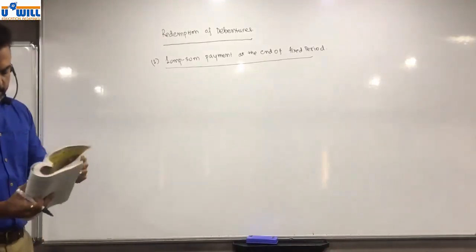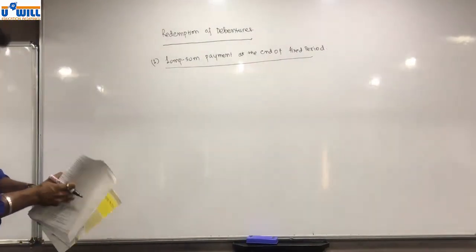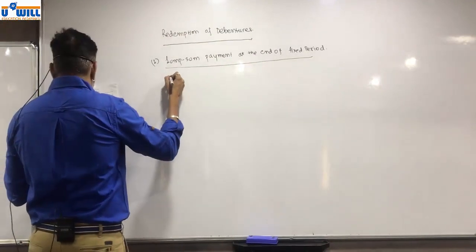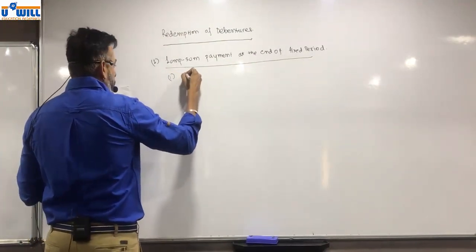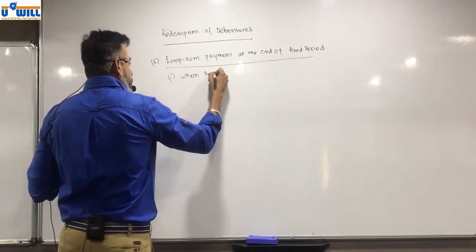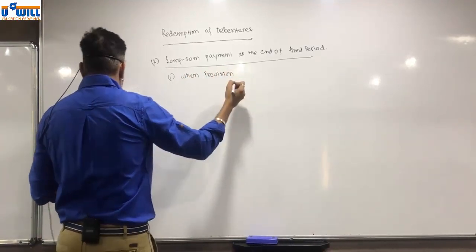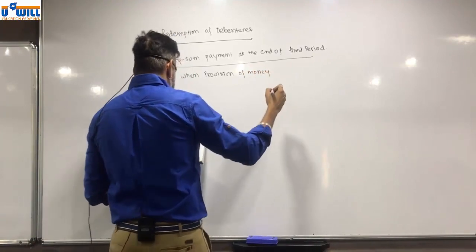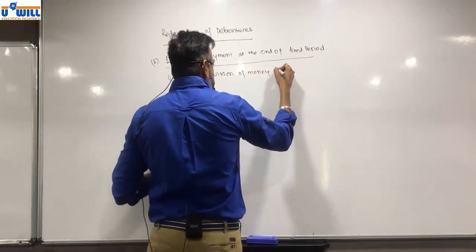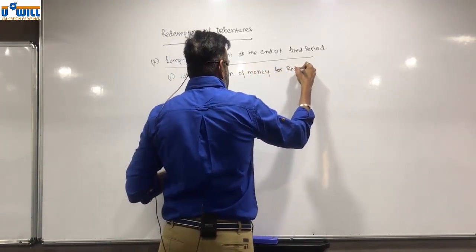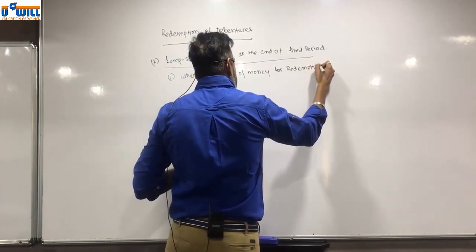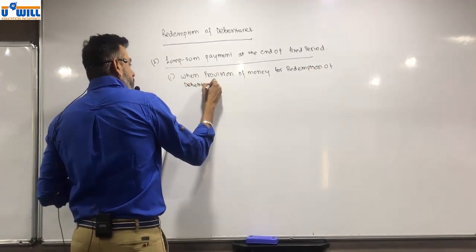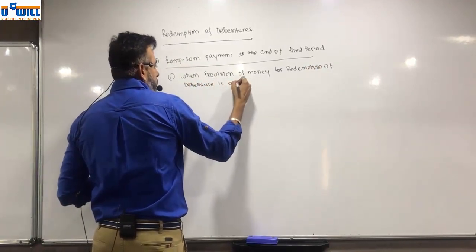Now, in this, the first condition we are going to learn is when provision of money for redemption of debenture is out of capital.